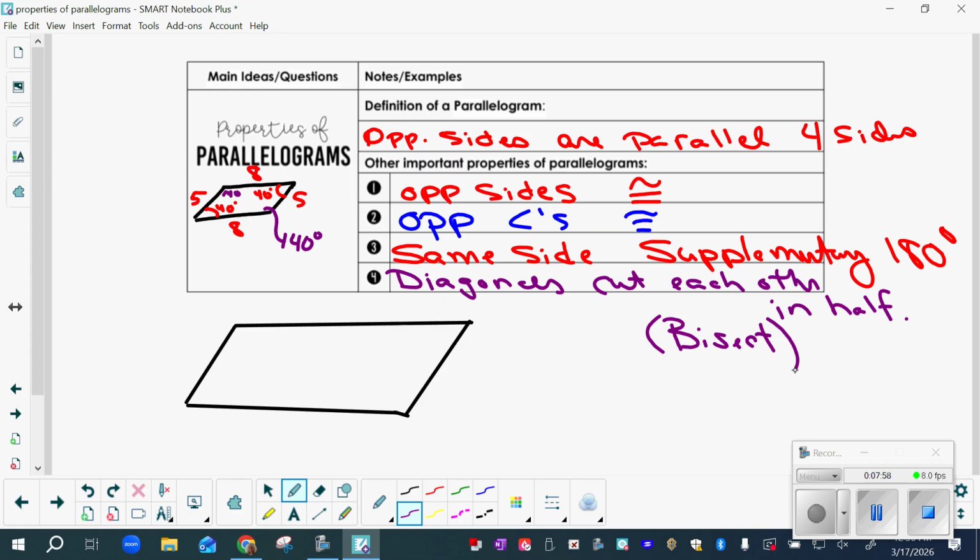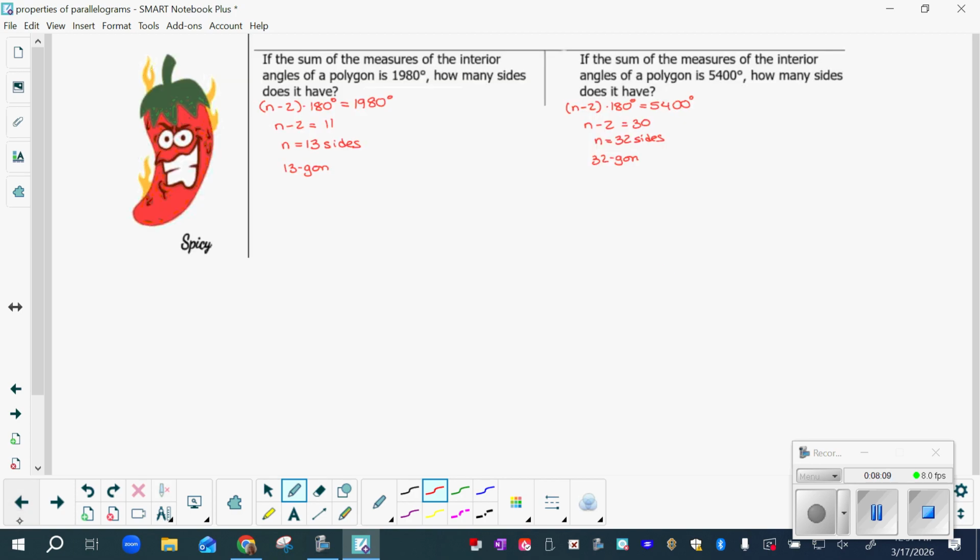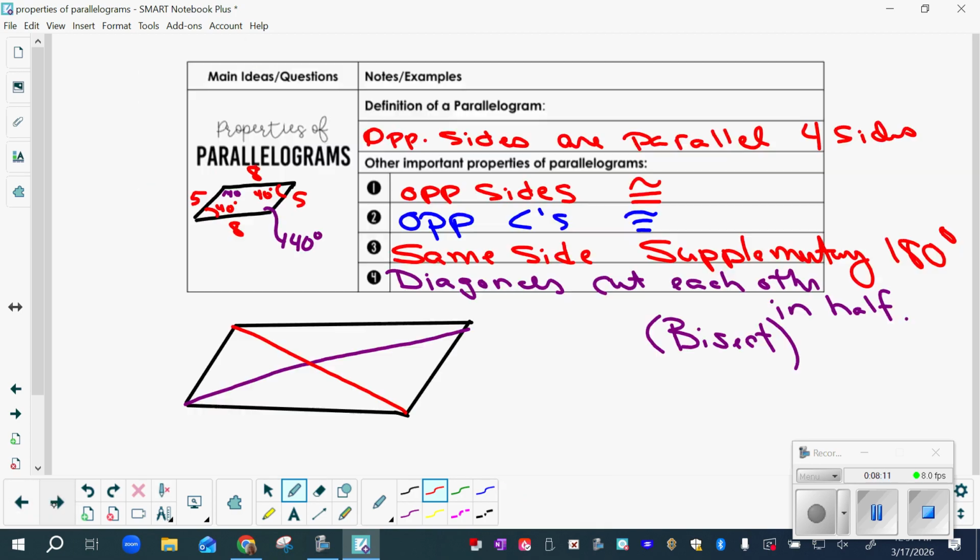Here's what it means. If you go from corner to corner, and if you go from corner to corner, draw that on your desk for me. Corner to corner to corner to corner. There we go. The lines in the middle are not the same. One might be longer than the other.